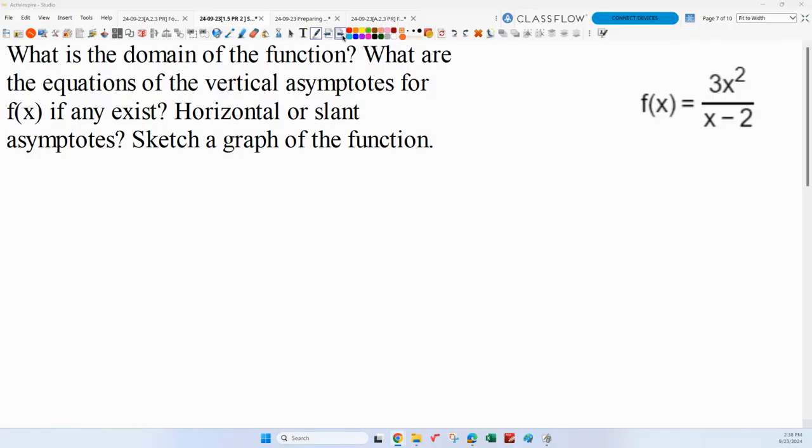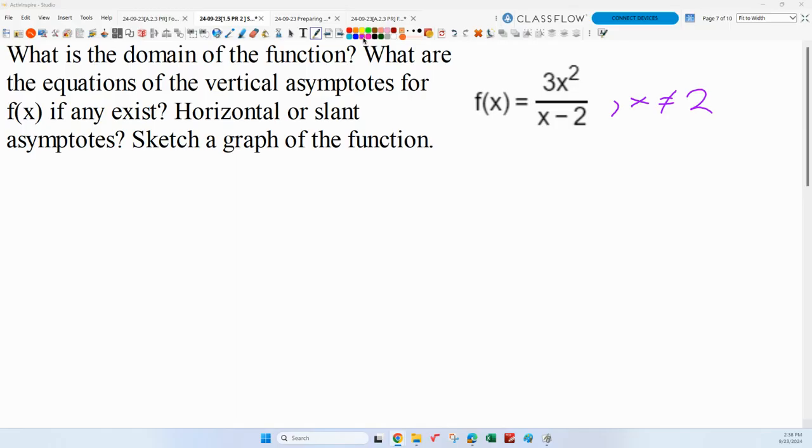How about this one? What's the domain of this function? Can't be 2. Yep. So what happens at 2, x equals 2? Vertical asymptote or hole?